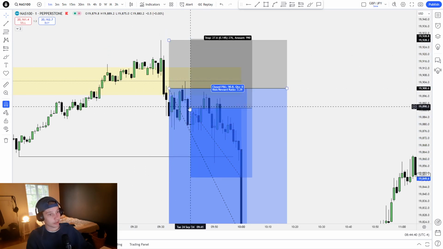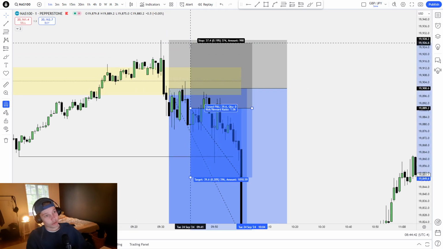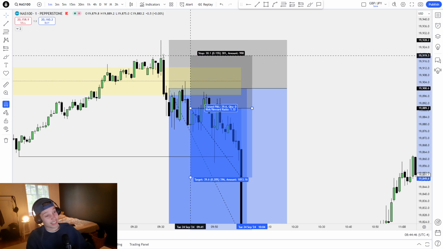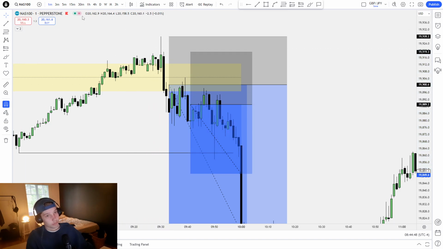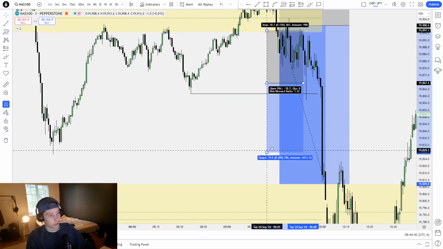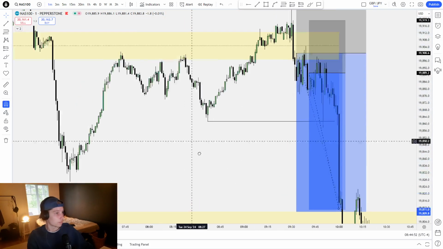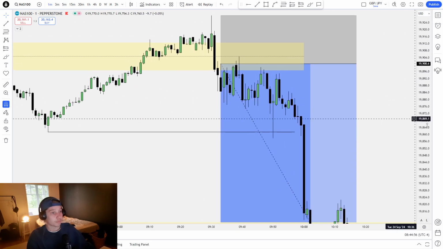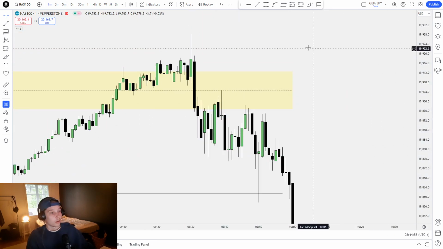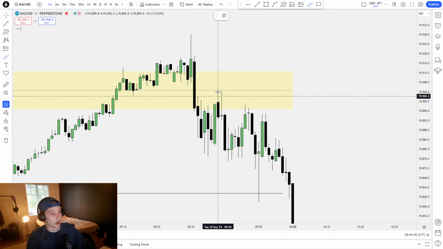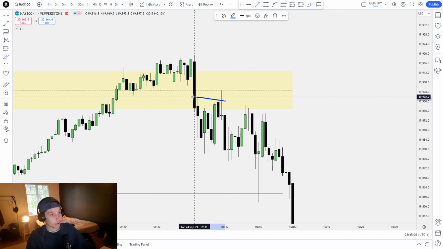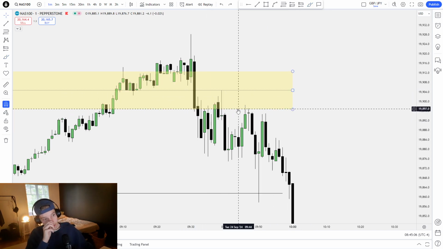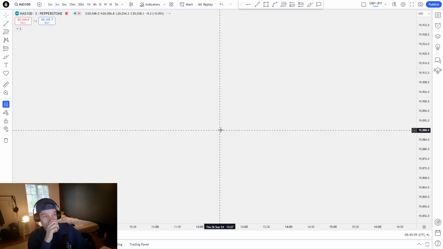Now if I entered there, I wouldn't be too comfortable putting my stop above that high, so I would most likely have my stop above that high, and then just target the same target, or simply wait for a confirmation out of this area. So you don't have to execute the trade exactly there. You can wait for a bearish candle to print as well.